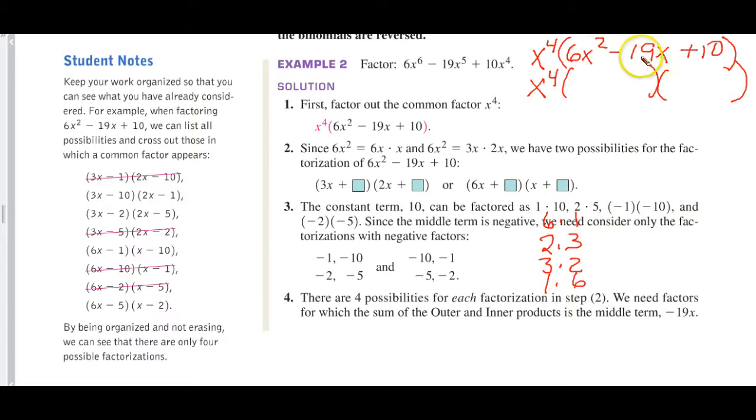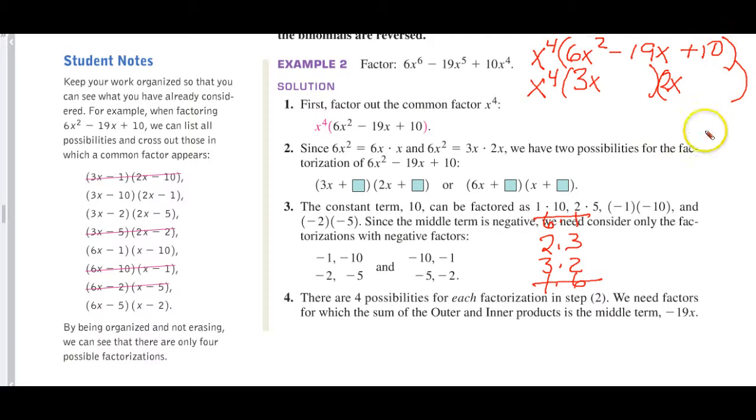Now I look at my middle term and I see a 19. My last term is a 10. So it's probably not going to be these. But again, keep them in mind. It might be. So I like to, if it's a 6, I'm going to go 3x and a 2x.